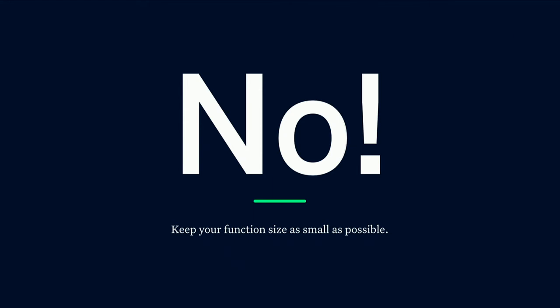One reason is that, as I mentioned, you should keep your function size as small as possible. But there's also another reason why you shouldn't do that. If you ask yourself why you are actually using those frameworks, like, for example, Spring for Java developers, you not only use that for some context or for some dependency injection, you also use that for some kind of security, authentication, logging, database access, whatsoever.